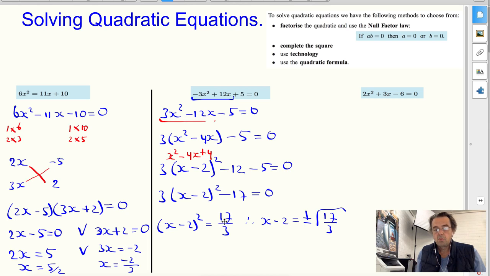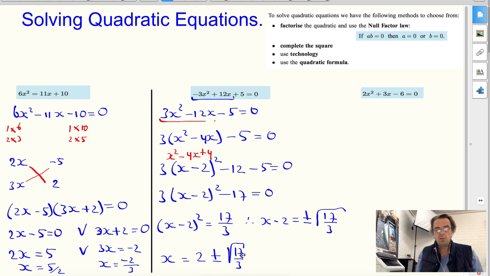So I'm square rooting both sides. That means that x, well, take the negative 2 and put it on the other side. x is 2 plus or take the root of 17 over 3.